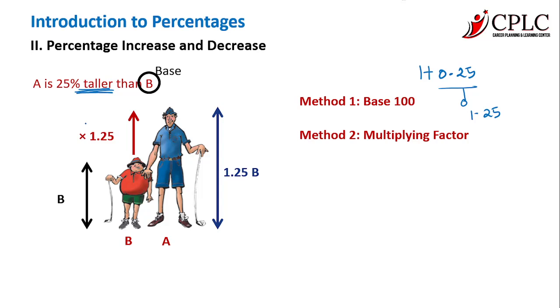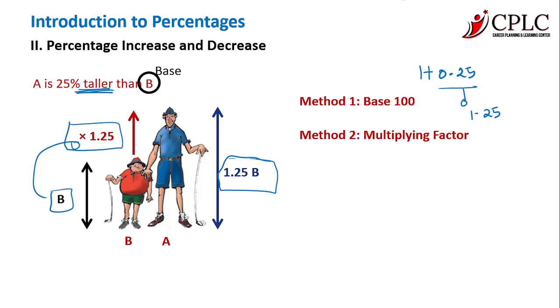So whatever your base value is, in this case b, we should multiply that by 1.25 to get the value of a. And why plus? Because it was taller. If it were 25% shorter, we would have done 1 minus 0.25, because for shorter we should subtract the decimal, and 1 minus 0.25 becomes 0.75, and so on and so forth.